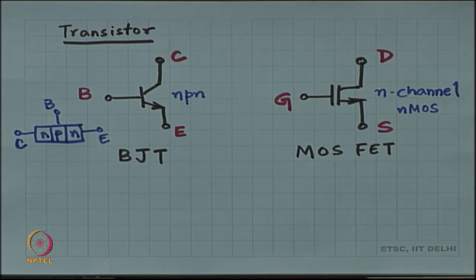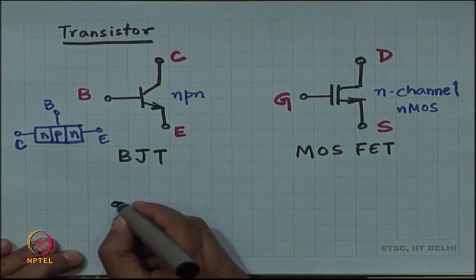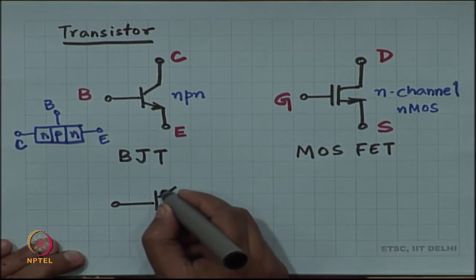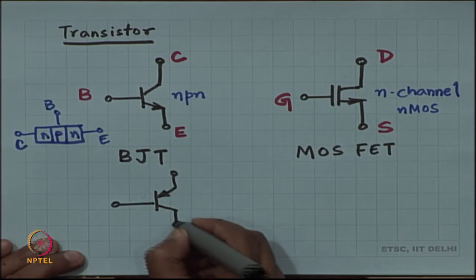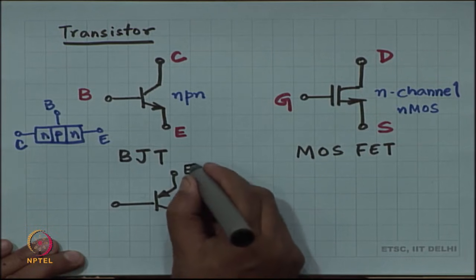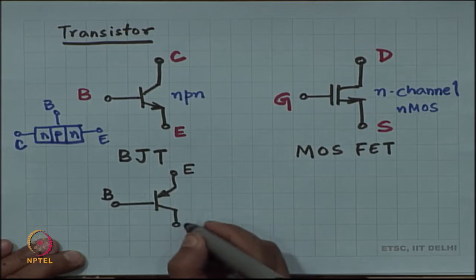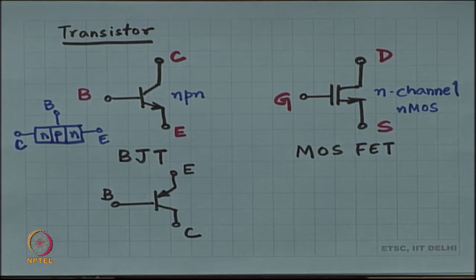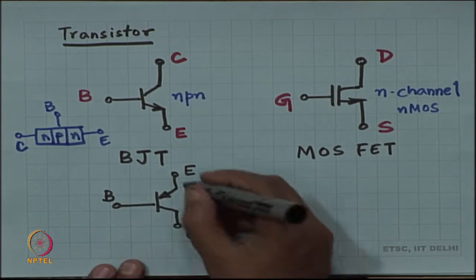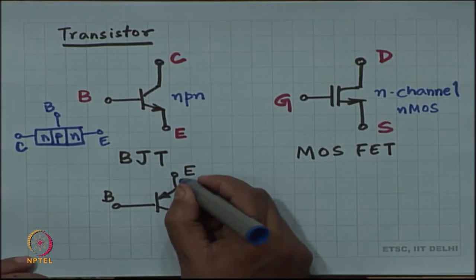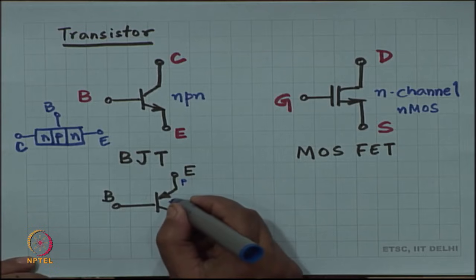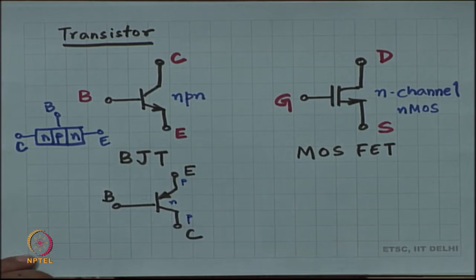So, there is one more flavor for the BJT, and that is called the PNP BJT. Emitter is P type, base is N type, and collector is P type.